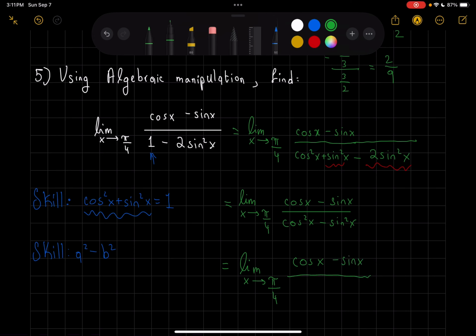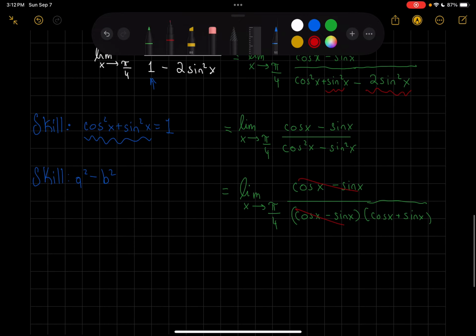Over cosine x minus sine x, a minus b, a plus b. Then we can simplify, and then we would be left with 1 over cosine x plus sine x.